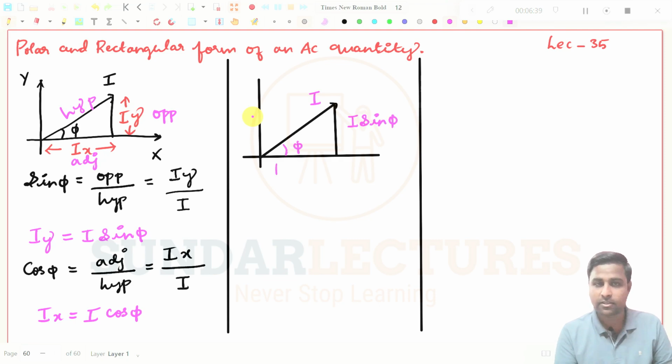If this is pi, then this will be I cos pi. Simple to write this value, right?